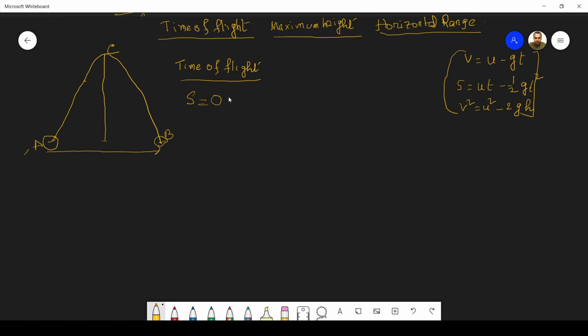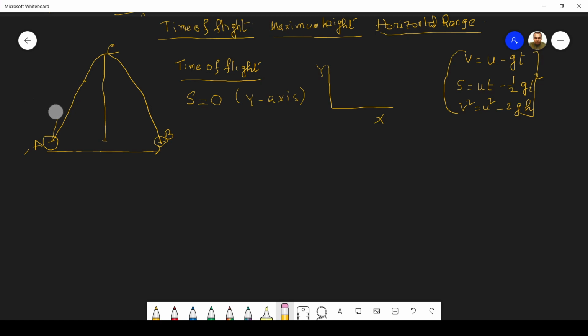Vertically means along the y-axis. If we consider the x and y axes, with x horizontal and y vertical, then along the y-axis its distance traveled is 0.